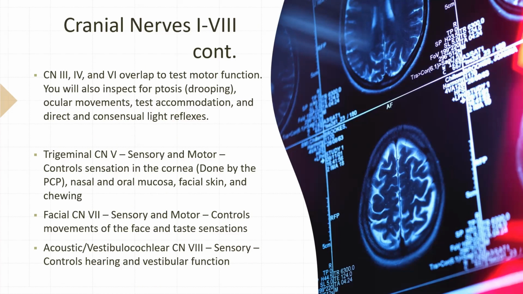So, trigeminal nerve, cranial nerve 5, it controls sensation in the cornea, nasal or oral mucosa, and facial skin. So you can palpate the skin with their eyes closed, having them identify where you're touching the skin on the face.